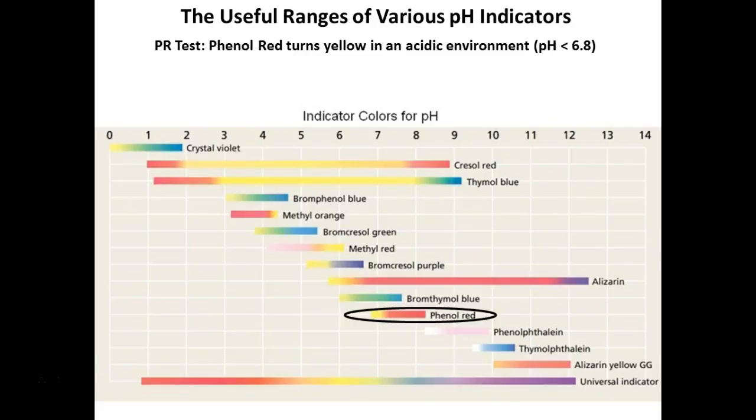Next question says, will a phenol red positive organism, and what they mean by this is that it turned yellow, be methyl red positive? So, except for Tamara and Annie, everybody turned yellow. Was everybody methyl red positive? No. And the reason for that is methyl red is a really low pH, whereas for phenol red positive, it only had to be slightly acidic.